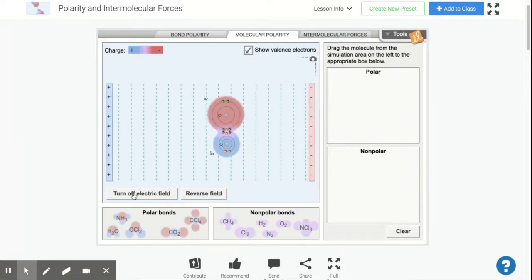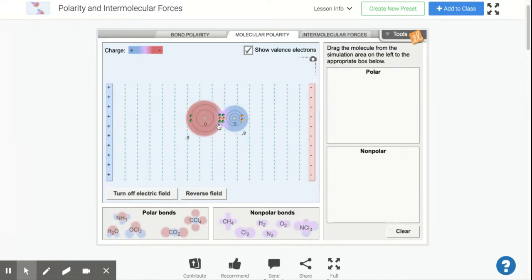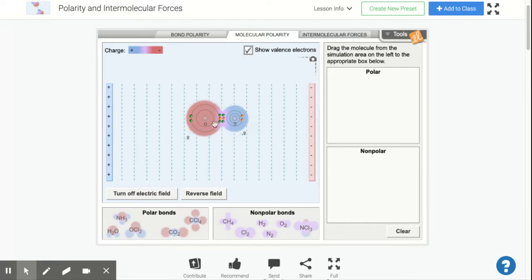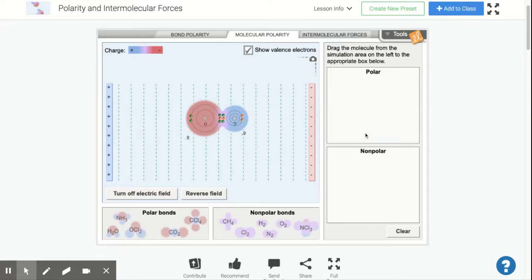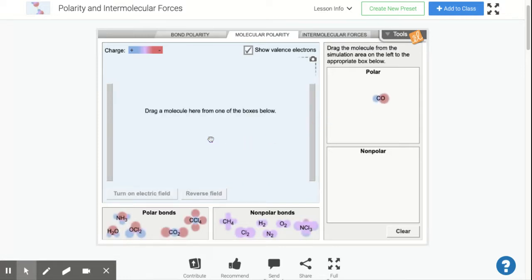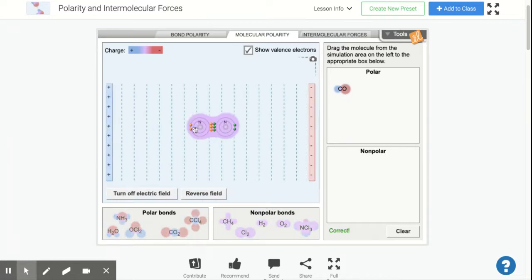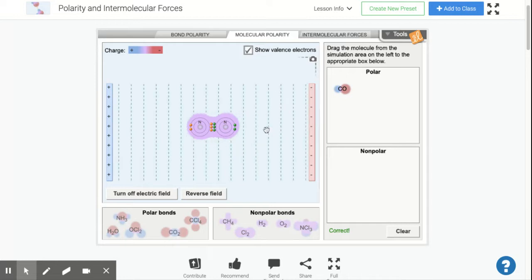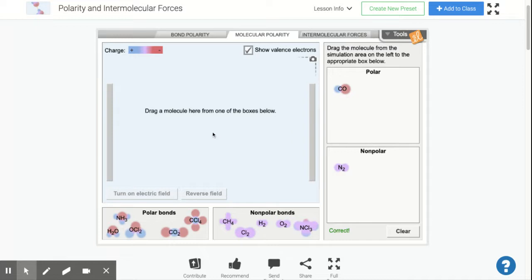If we turn that on, you can see how it's orienting itself. The positive and negative are going to be attracted to one another, and then the same on this side. So by just flipping this around, one side obviously has a larger charge. So you would put this into the polar category. If I pick another one, let's do nitrogen, turn on the electric field, nothing happens, right? Because they're equal. One of them is not more positive or more negative than the other side. So we'd drop that in there.